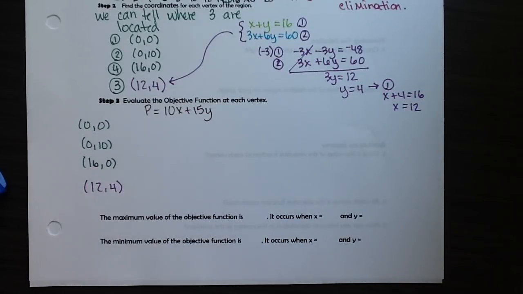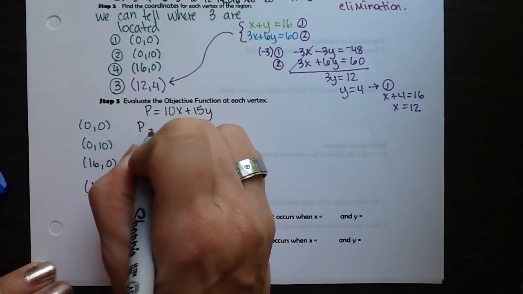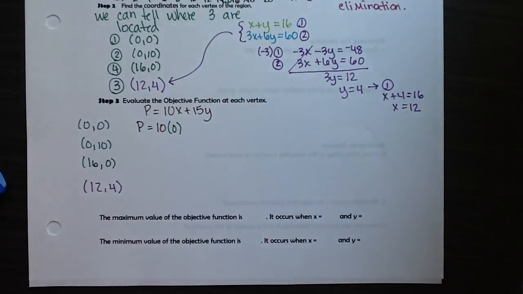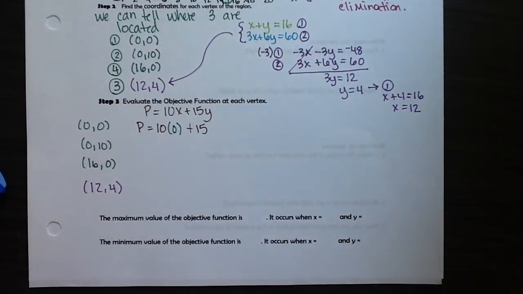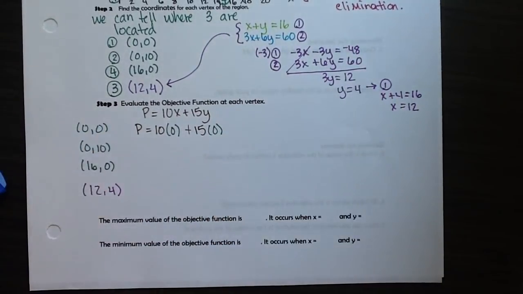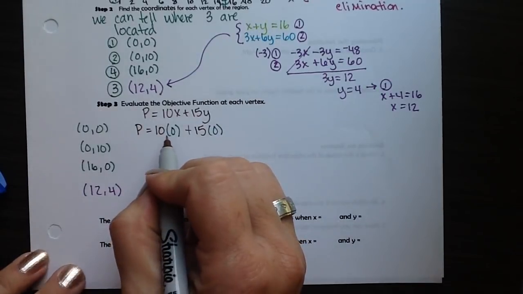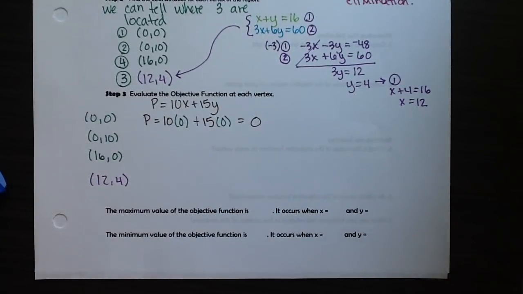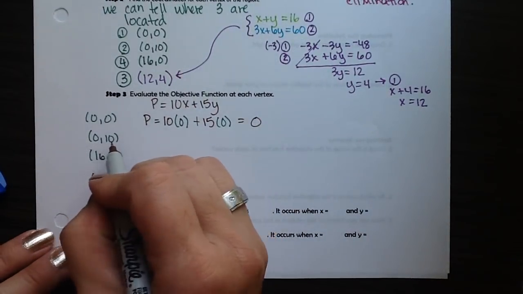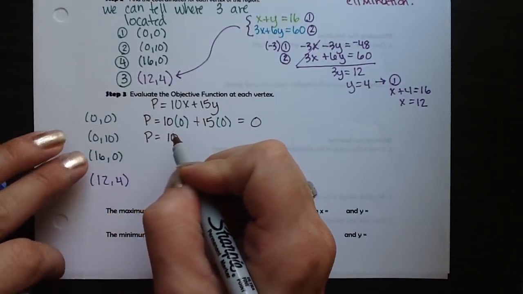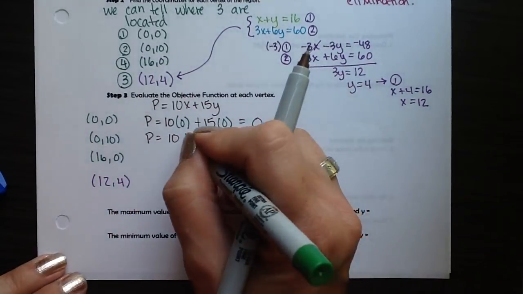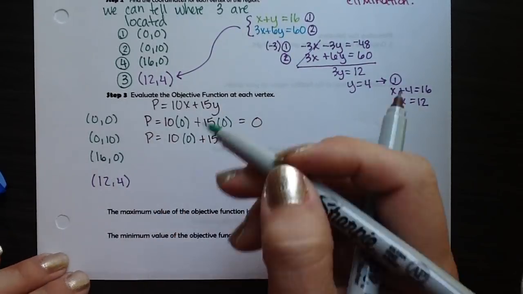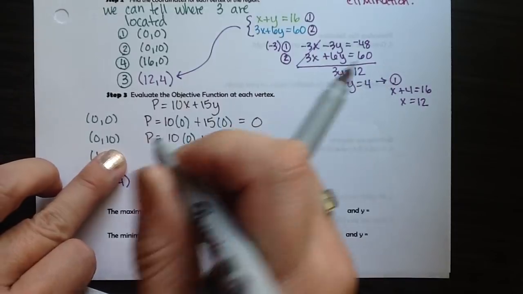So I'm going to have P equals 10 times 0, plus 15, also times 0. And then I work through that, 10 times 0 is 0, 15 times 0 is 0, so P is 0 in that instance. And then I go on to the next one. P equals 10 times the x value, which was 0, plus 15 times the y value, which was 10.